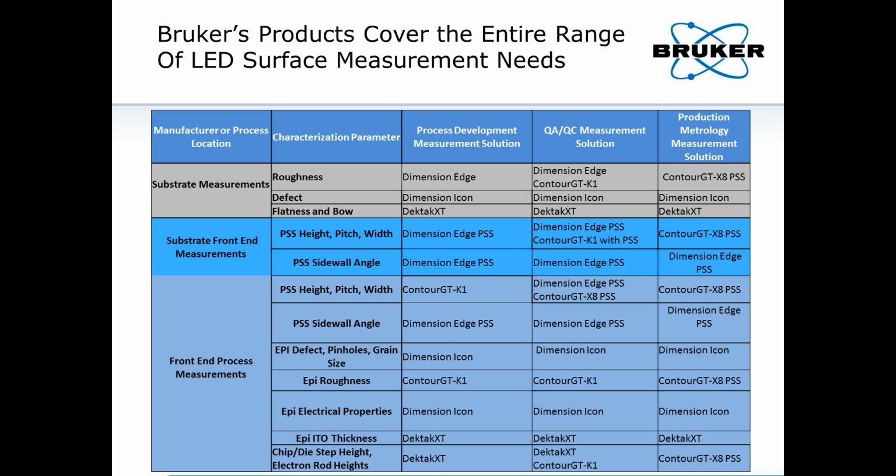The multiple characterization parameters can be measured using our different systems through process development, QA/QC, and into the production metrology solution. As can be seen here, the solutions range from the Dimension Edge PSS to the Contour GT 3D optical microscope line, as well as the DEKTAK XT surface profilers. Regardless of your measurement, Bruker has a solution for your product.